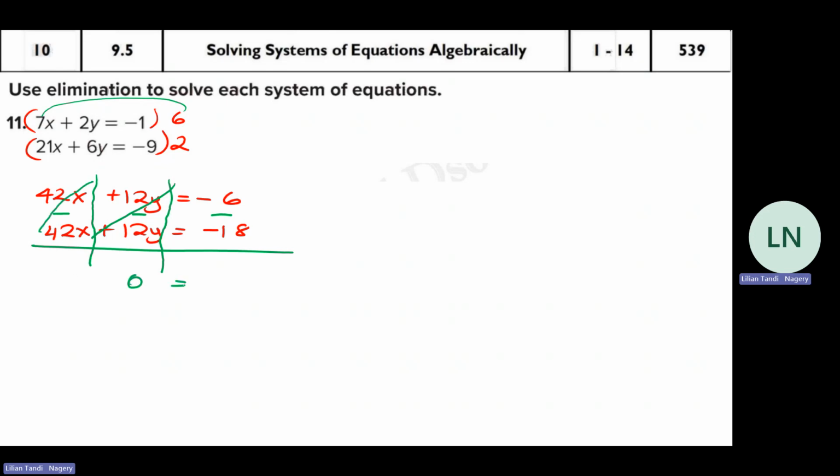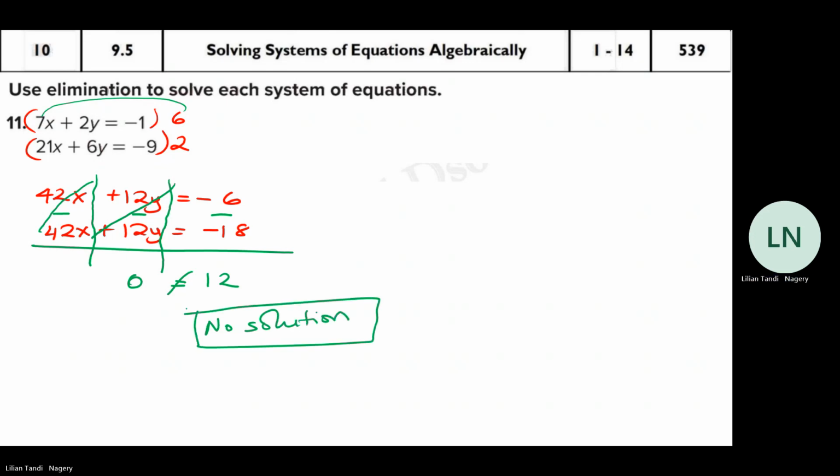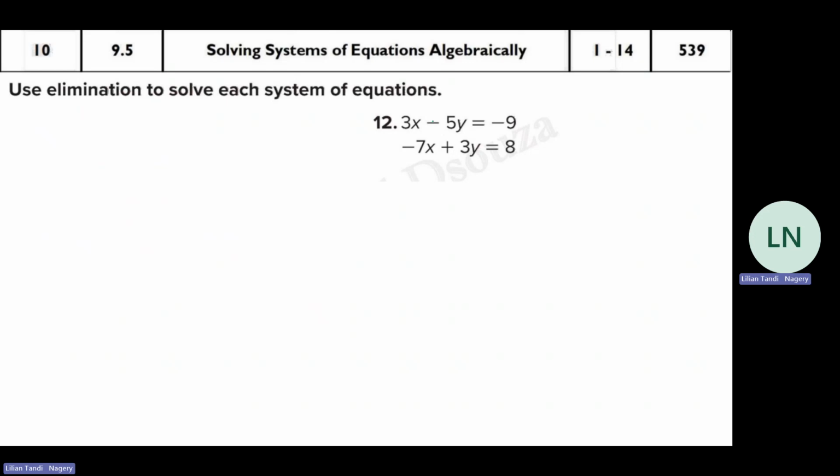So 0 is equal to 12. 0 is not equal to 12, so no solution. Okay. Always check your work as you're solving. Always, always, always.